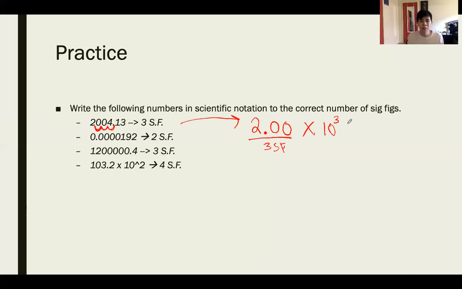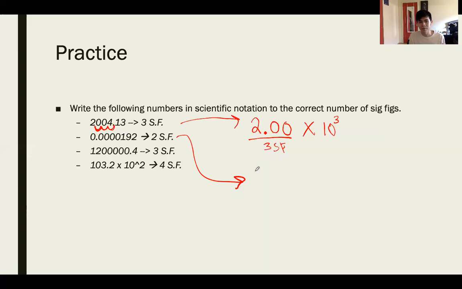And the reason it is positive is because we're taking this smaller number and multiplying it by a big factor of 10 in order to create that big number that we were talking about, which is 2004. So of course we would need to multiply it by an exponent that's positive as opposed to negative.